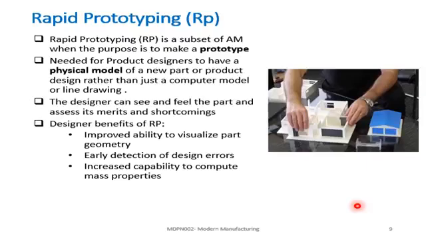Although in principle rapid prototyping could also use a subtractive manufacturing approach, in modern manufacturing terminology, rapid prototyping is used heavily to mean a subset of additive manufacturing to produce a product that resembles the physical model of the part under consideration, to allow the designer to see and feel and judge: should I improve the geometry, should I make any alteration or modification, or detect any error in the design, increase capability to compute mass properties, etc. Here, for instance, this architect can see the prototype of the building he has designed to see the merits, and so on.